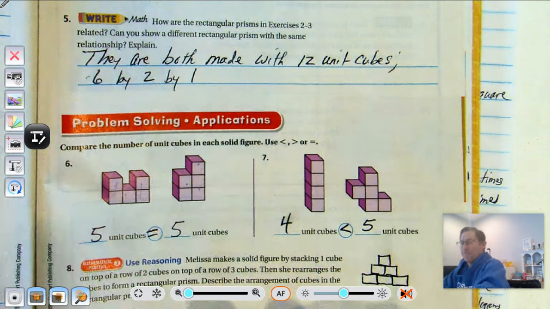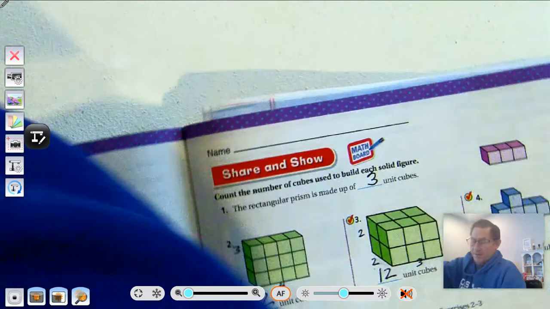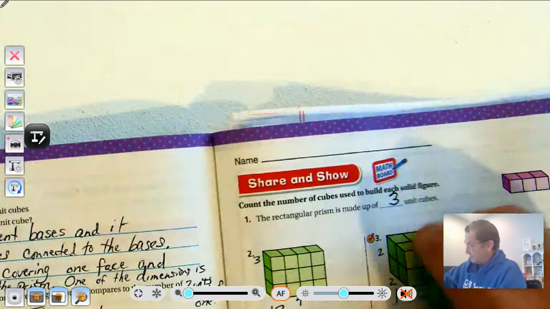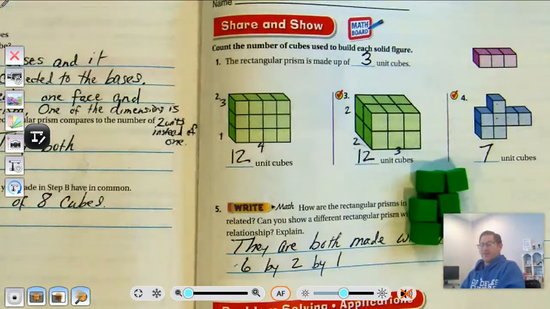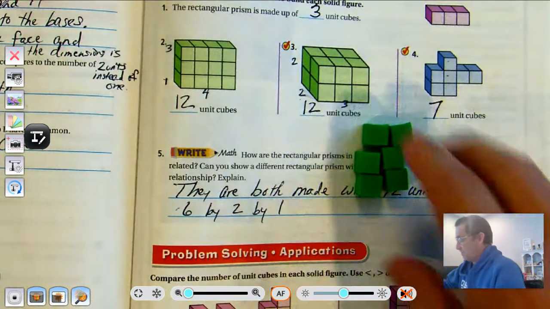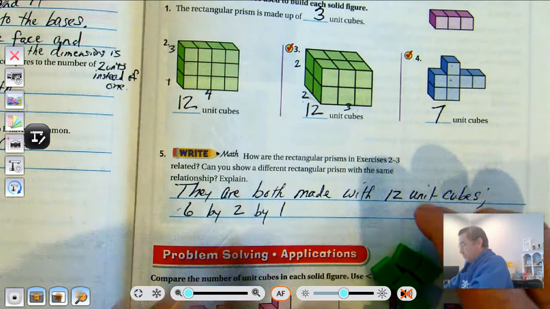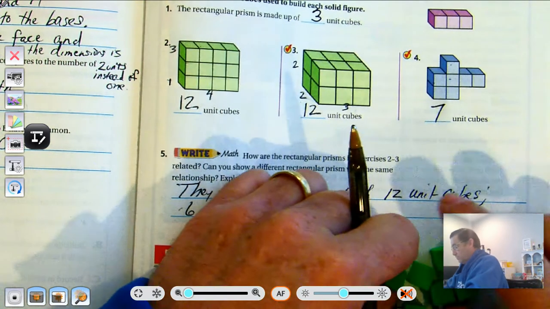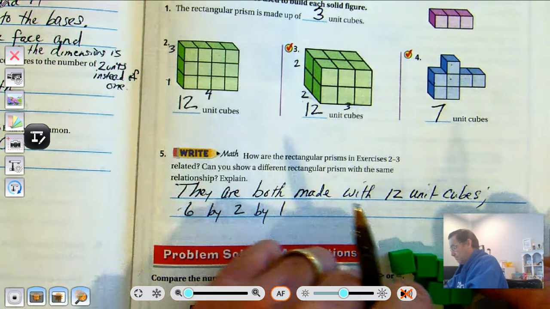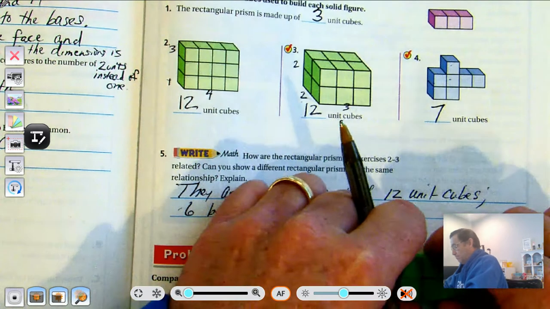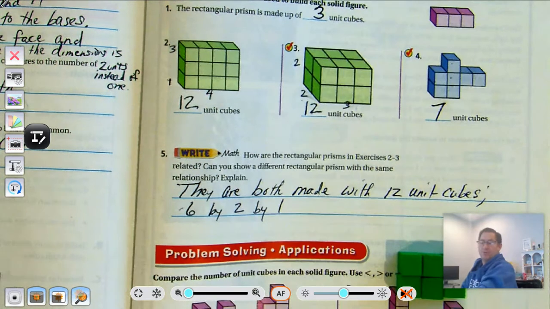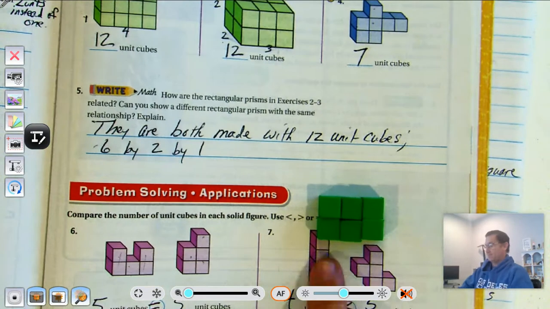All right, so let me show you with the cubes. So we have 6 cubes, we know that. So she's rearranging them to make a rectangular prism. So we could have this, right?